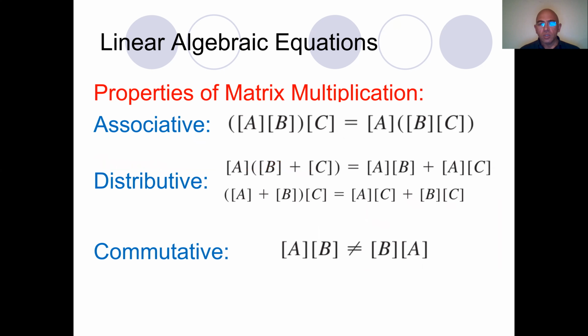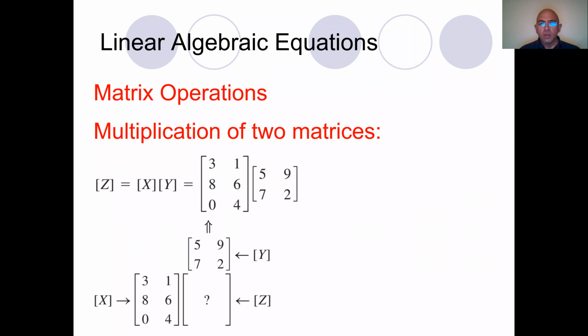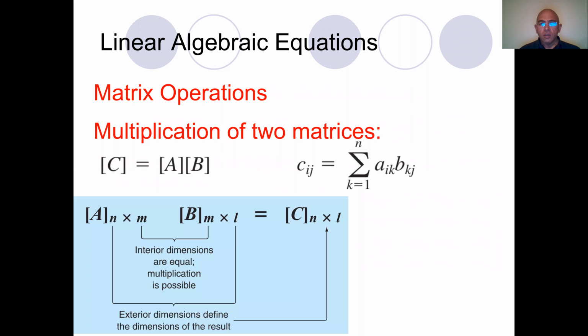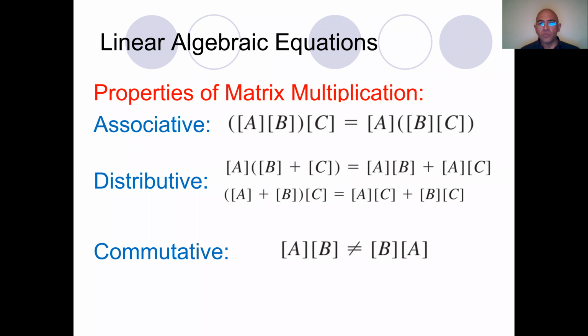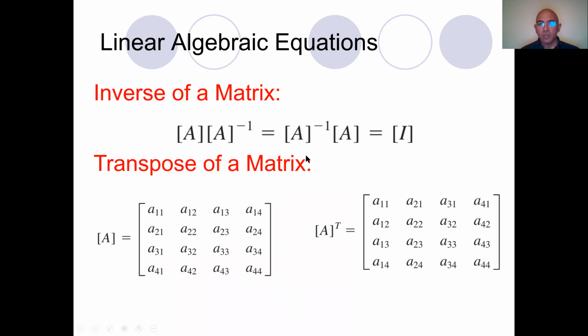For example, here, if you multiply A with B, and at the end you obtain the identity matrix, this basically means that matrix A is the inverse of matrix B, or matrix B is the inverse of matrix A. This is how we define the inverse of a matrix.